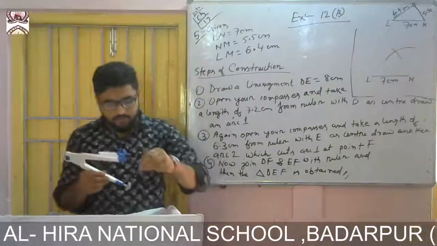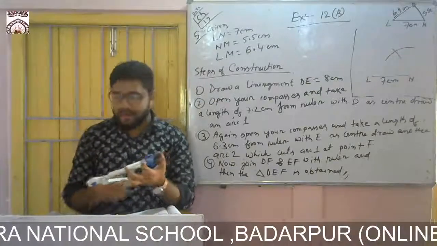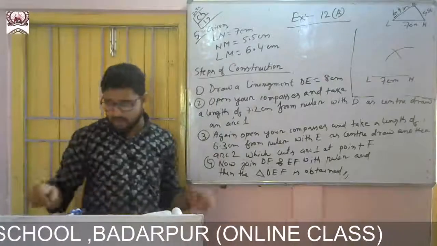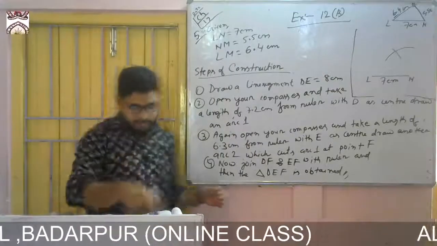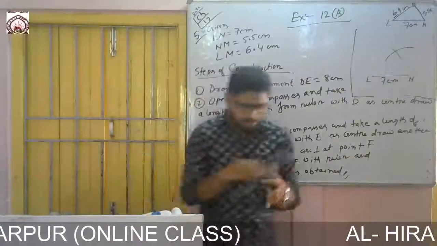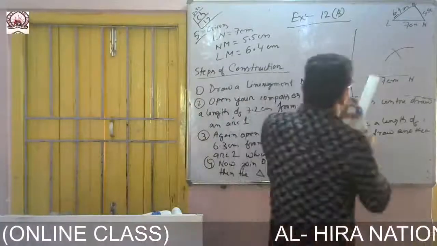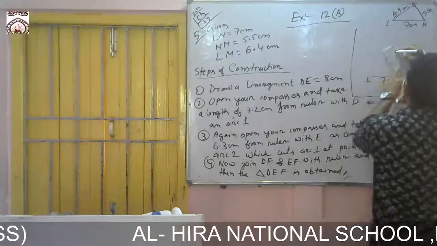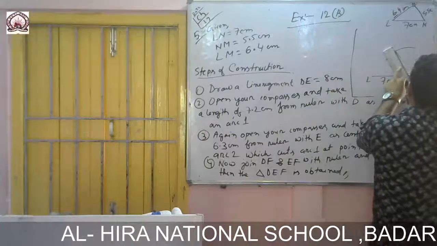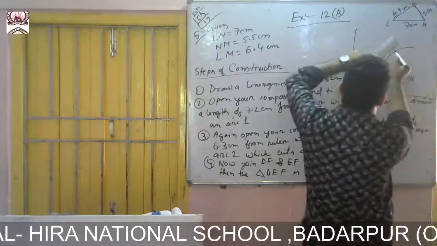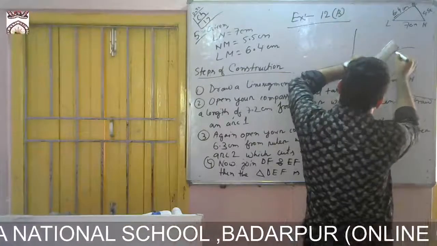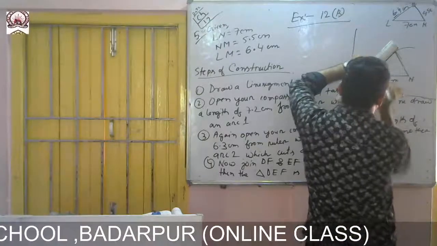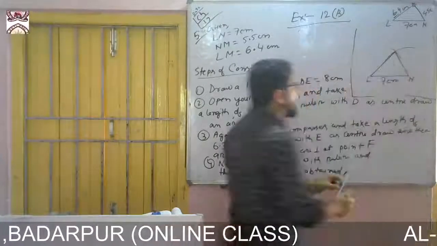The process will be correct, but the figure may not match exactly because I cannot draw with this 100%. Now join these two. This one 5.5 and this one 6.4.